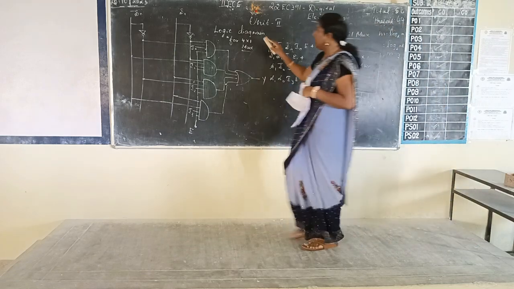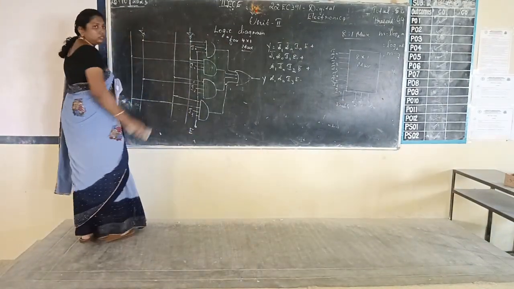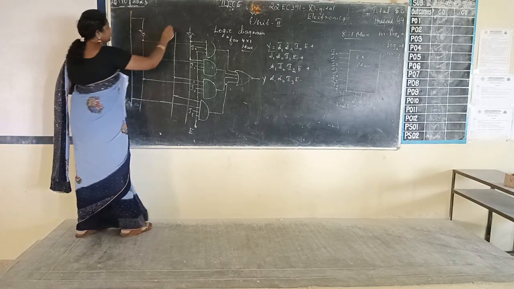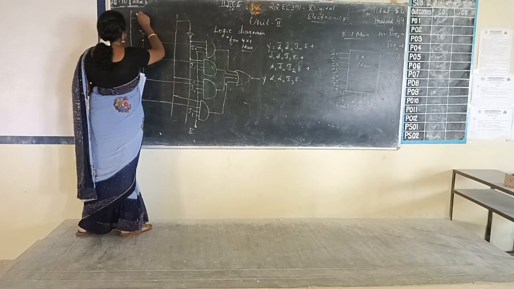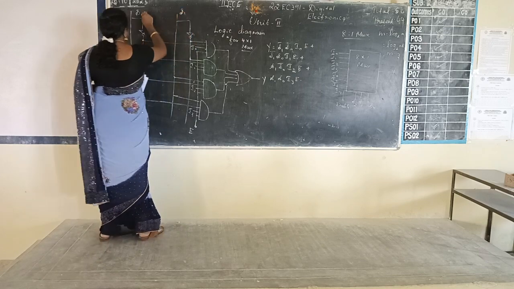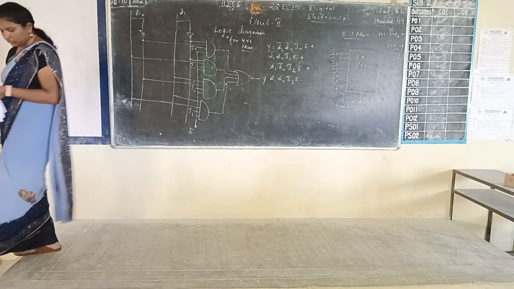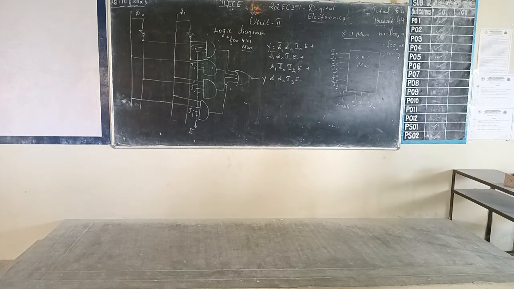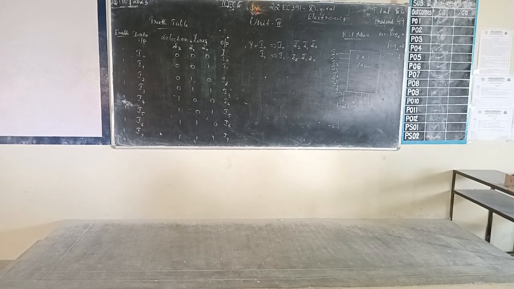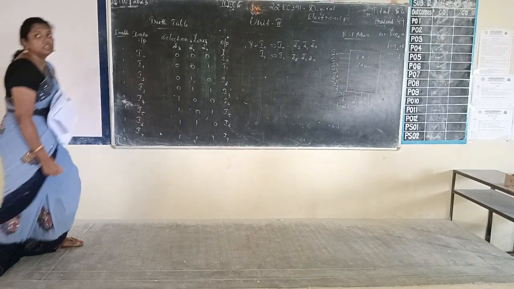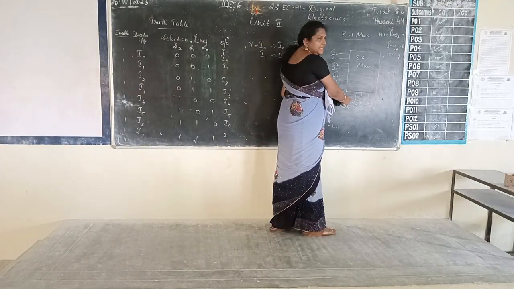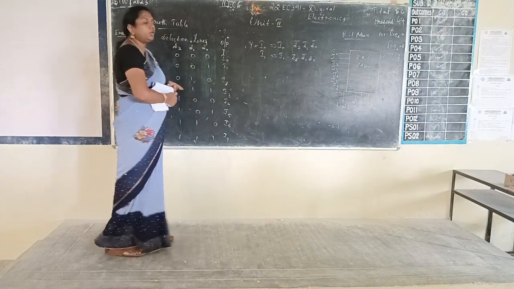Next is the truth table. This is the 8 cross 1 mux.